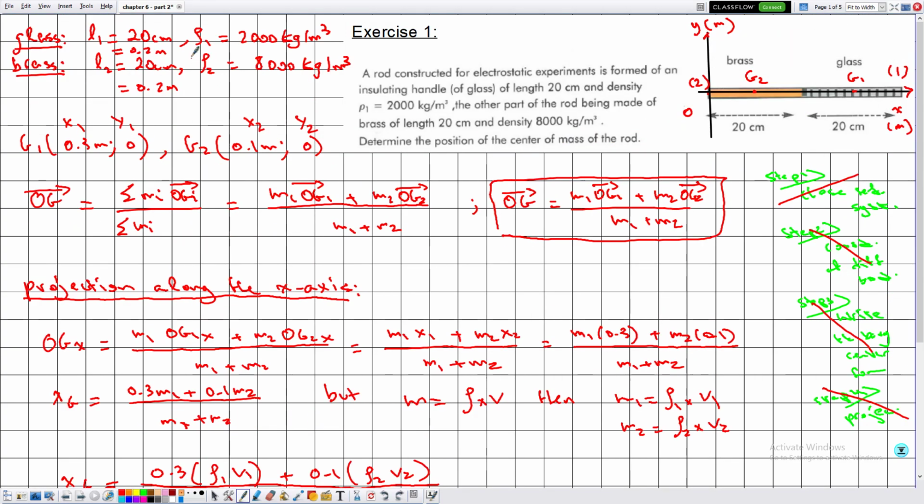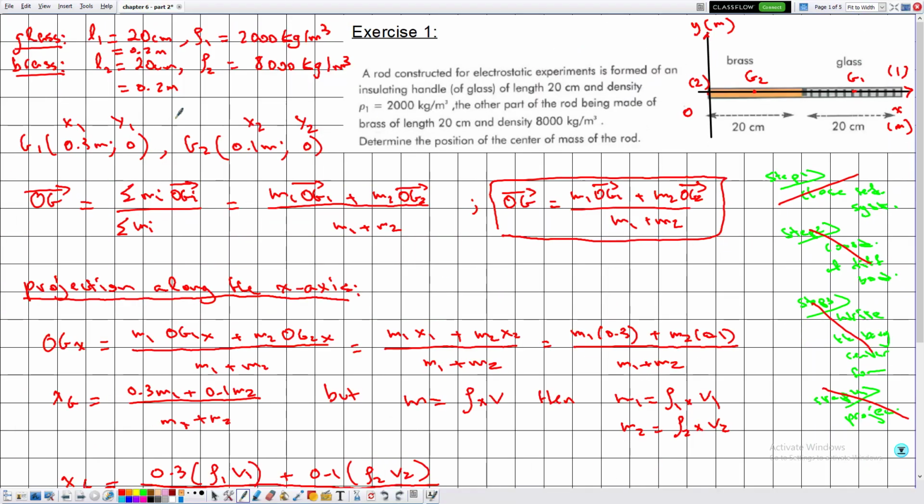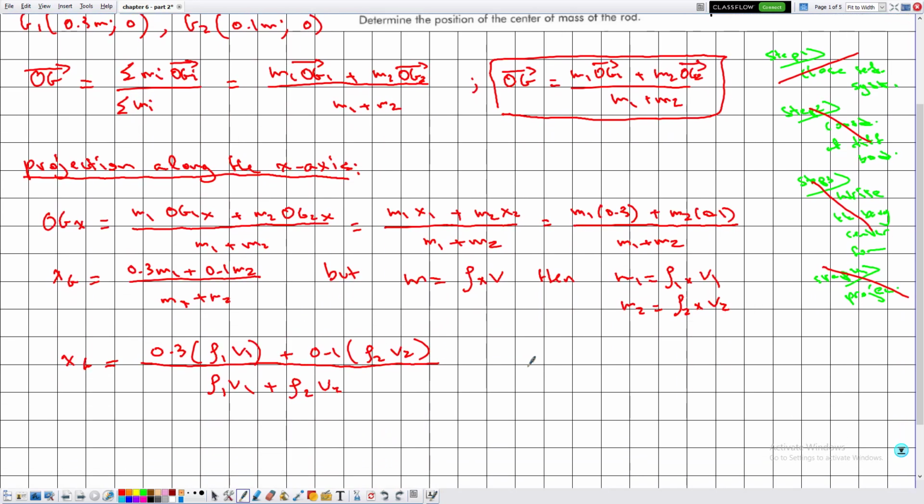Now notice that they are telling me that L1 is equal to L2 is equal to 20 centimeters. So what do they mean by this? They mean that the volume of the brass and the glass is the same. So the volume is related to the length and to the width of this rod, and since they have specified the length is the same and they didn't mention anything about the thickness or the width of the brass and the glass, we suppose that V1 is equal to V2.